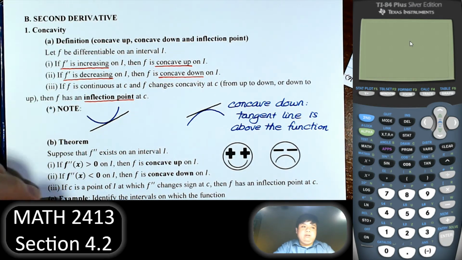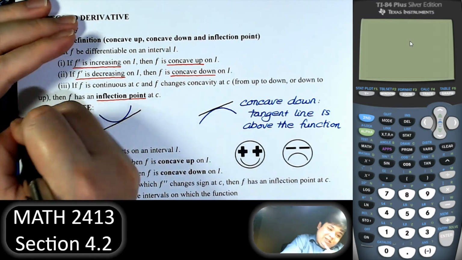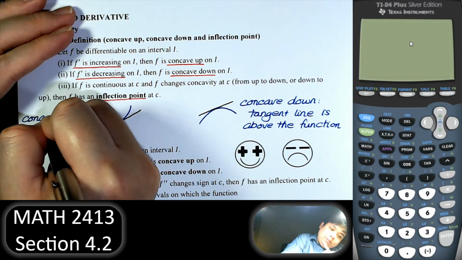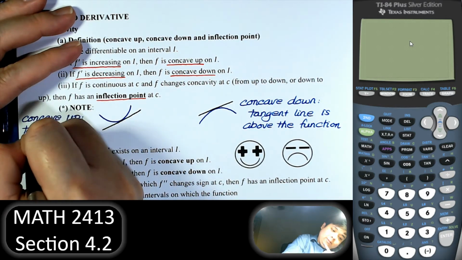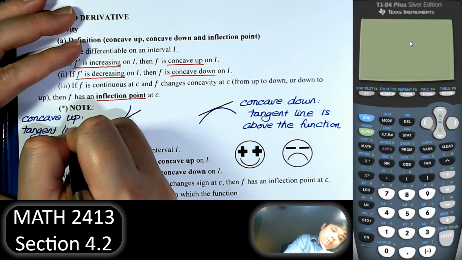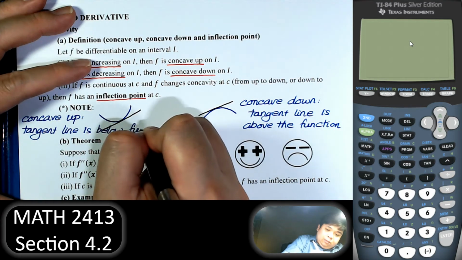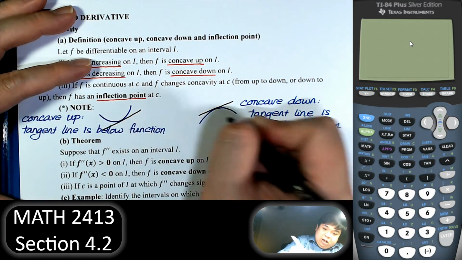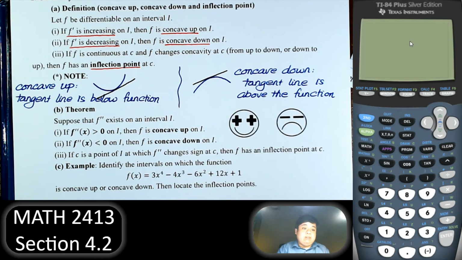So concave up is when we bend it up, concave down is when we bend it down. The tangent line is below the graph of the function, that's what I should say. But I think that is the better definition in terms of the graph.